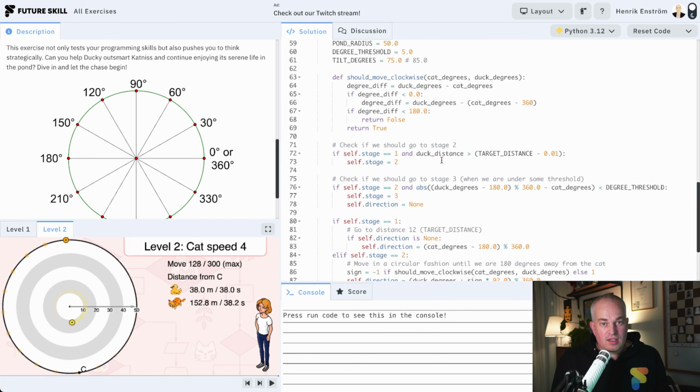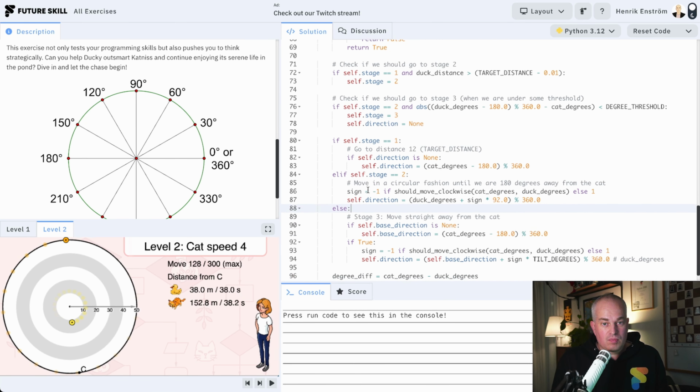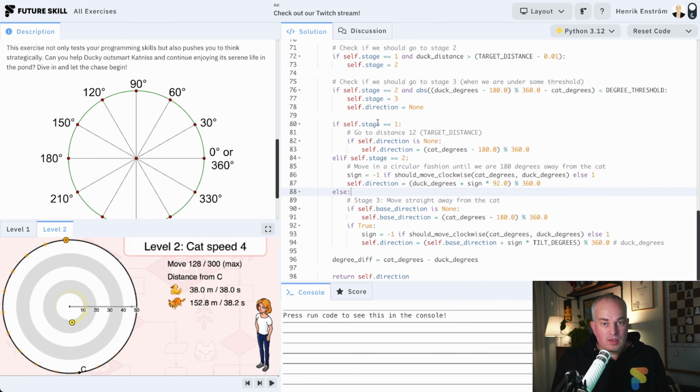So stage 3, we have a check here. Here we are checking when we should go to stage 3. We are saying that, okay, we are at stage 2, and if so, we move to stage 3. And the difference: we take duck degrees minus 180.